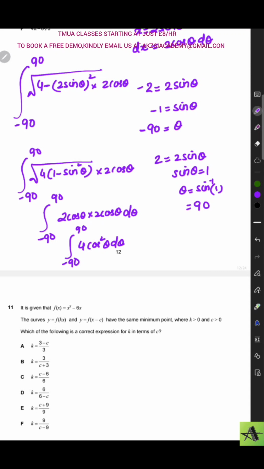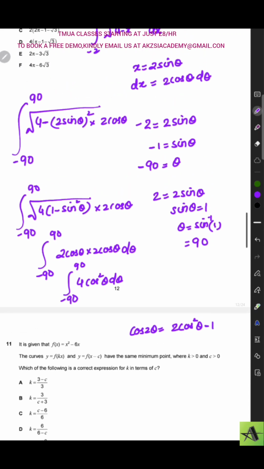Obviously, I can't integrate cos squared theta directly, but there is a trigonometric identity, which is cos 2 theta equals 2 cos squared theta minus 1. This will help me in replacing cos squared theta in terms of cos 2 theta. Cos 2 theta plus 1 over 2 equals cos squared theta if I make cos squared theta the subject.